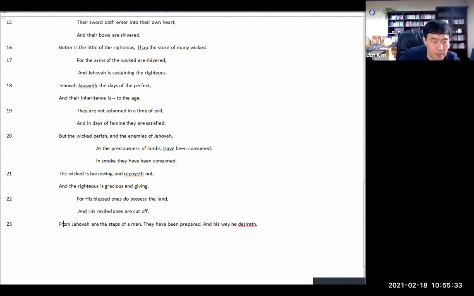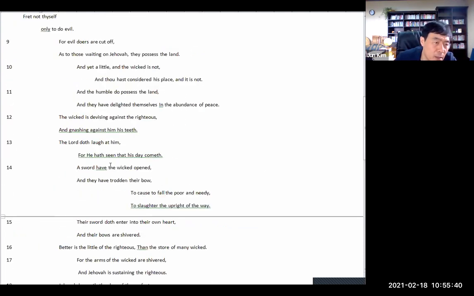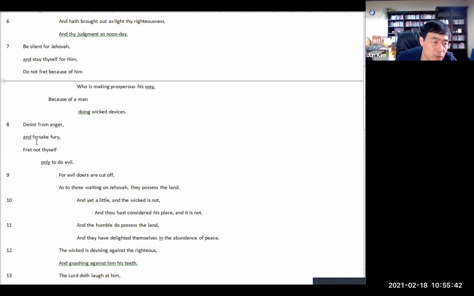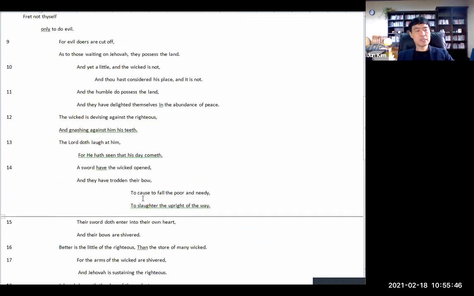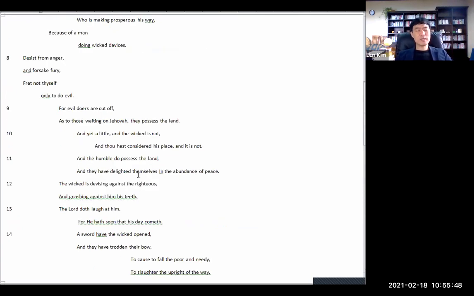Same level. I want to put it. But if you find something from here at this level, as if they belong to maybe the first idea, then you can do it. But from my analysis, it deals with the reason why we need to desist from anger and forsake fury.